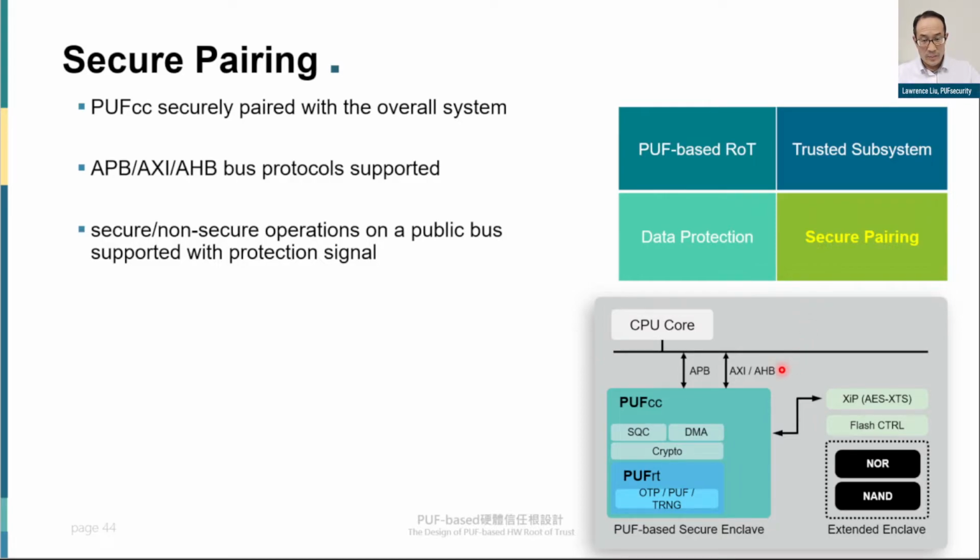Secure and non-secure operation separation is available if PUFcc needs to be integrated into a public or shared system channel. With its flexible integration methods for the pairing between main system and secure subsystem, PUFcc maintains the required hardware isolation to allow secure system operations to remain totally separate from normal ones.